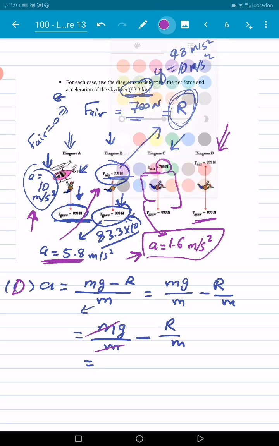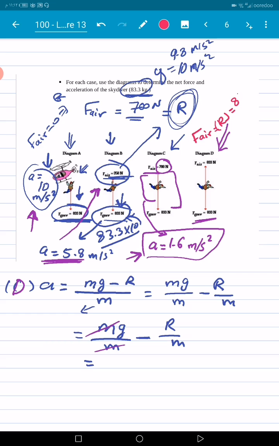Use the given values and put them in the equation. For D, the F air or R is equal to 833 Newton.